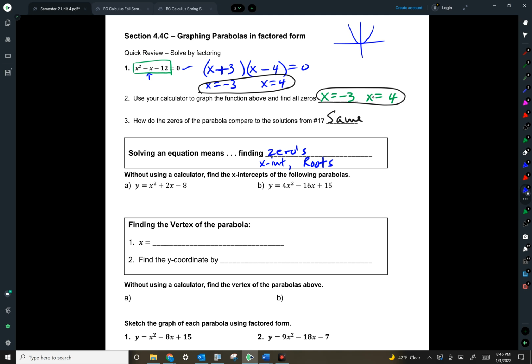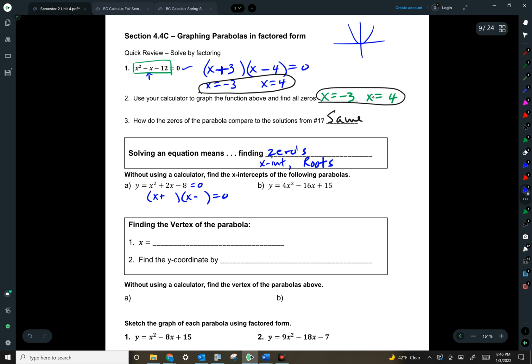Okay, so look at the next part. It says, without using a calculator, find the x-intercepts of the following parabolas. In other words, find the zeros. Well, if the zeros are the solutions, then imagine this equals 0. We could factor it. If I factor this, I know I need a plus and a minus.